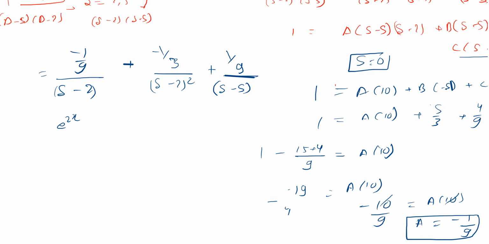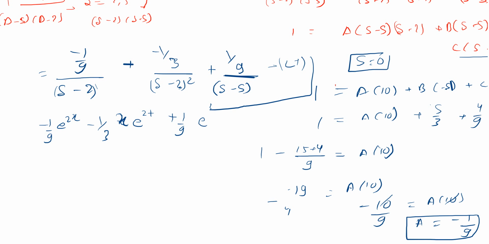We are taking here the inverse Laplace transform, so I am writing here minus 1 over 9 e to the power 2x, and minus 1 by 3 times t, which under the inverse Laplace transform gives x, so x will multiply with that, and e to the power of that factor 2x. Then plus 1 over 9 e to the power 5x here. So we got this type of solution.